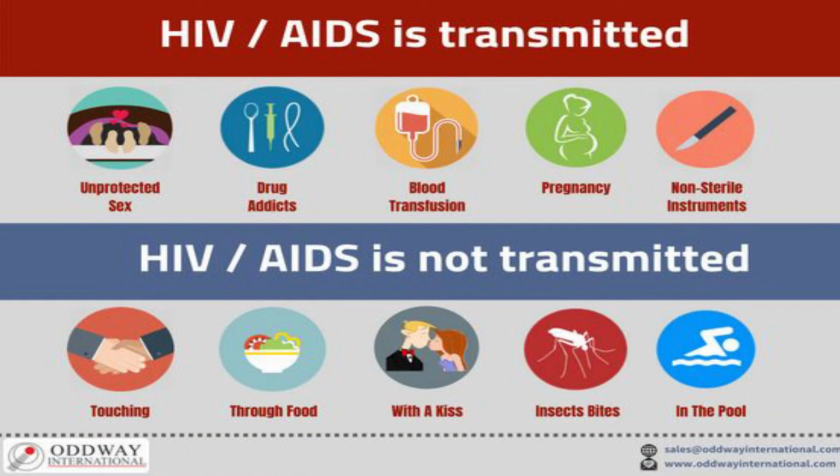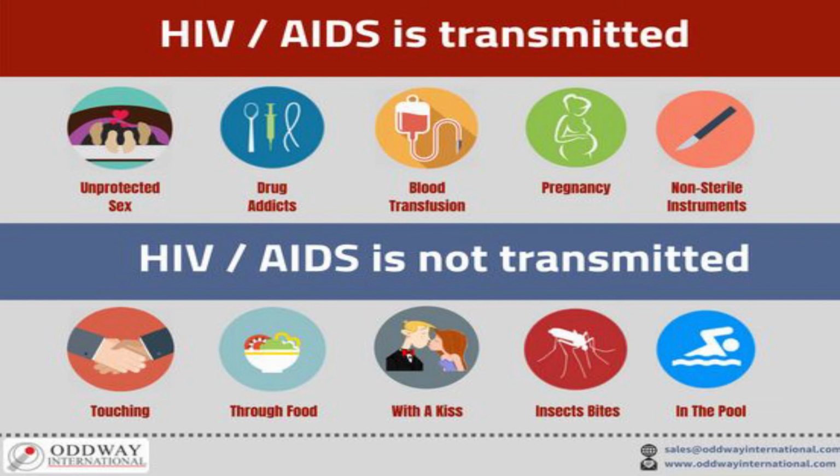That is why it cannot be transmitted through air by sneezing, coughing or breathing, water, sharing swimming pools or bathtubs, casual physical contact, touching, hugging or kissing, toilets, sharing, or through mosquito bites.